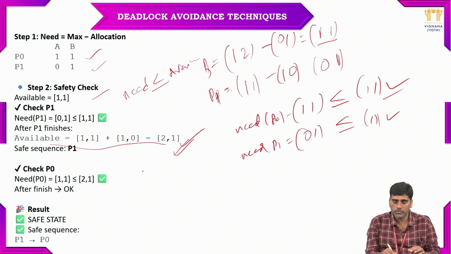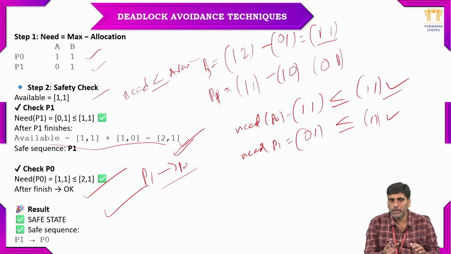The safe sequence is P1 to P0. The result is a safe state, because all the needs are satisfied.